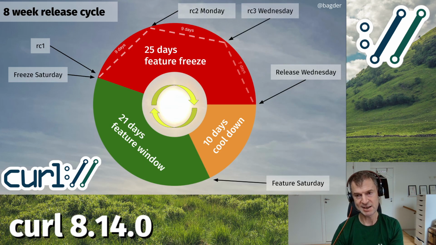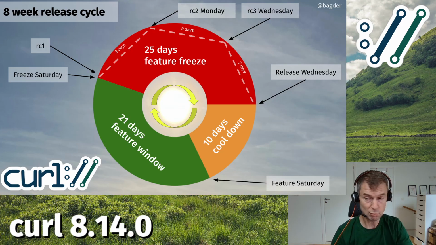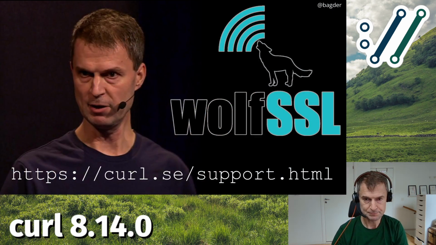That's exactly 7 days before we do the next release, which is then the release Wednesday again. So on and on, round and round. This is the release cycle we do all the time, and it never ends. Sometimes it's not an 8 week, sometimes it's a 7 week, but 8 week is the goal and the intention here, and that's what we aim for.